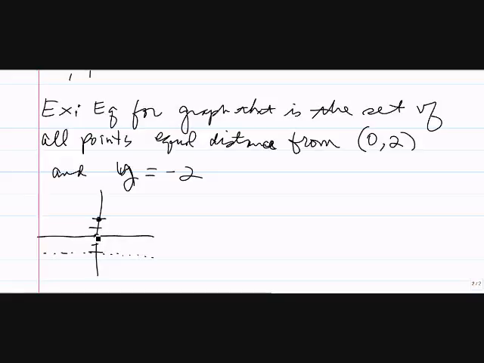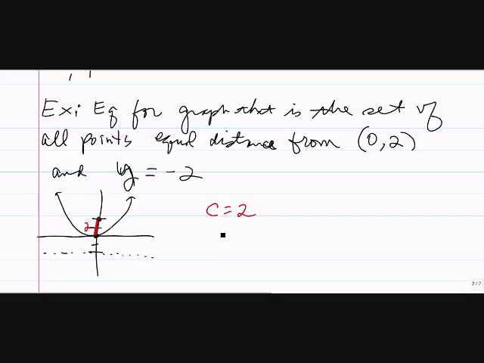And the parabola opens up towards the focus, not towards the directrix. So this is the parabola they're talking about. The distance from the focus to the vertex is 2. So that means C equals 2.